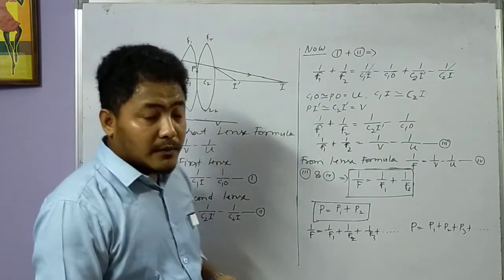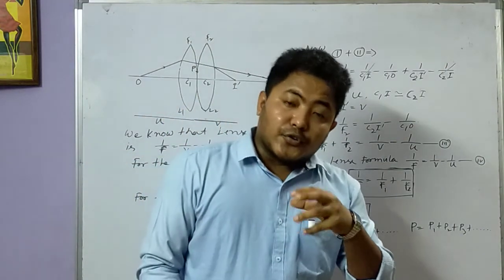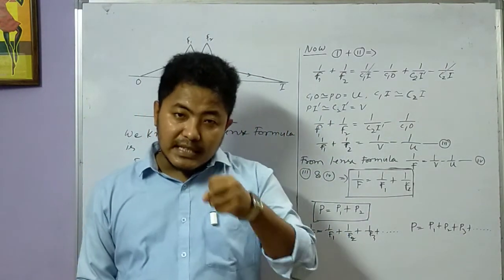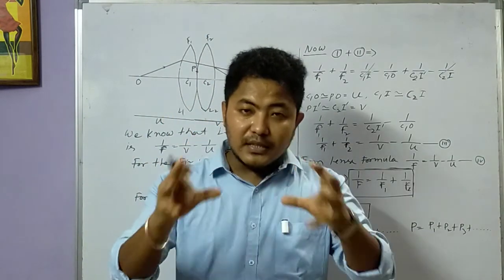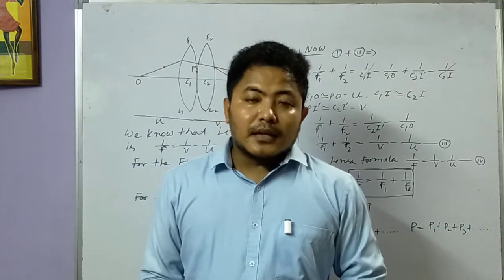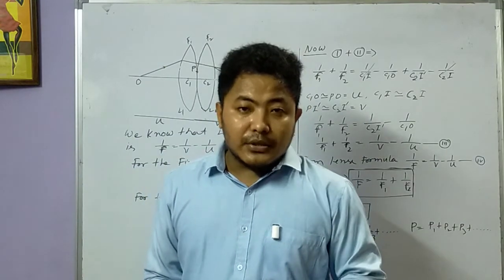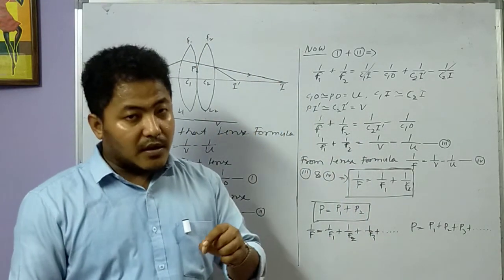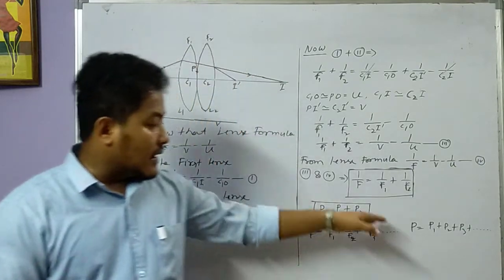This is all about the concept of thin lenses in contact. If you combine any thin lenses in contact, we can find their equivalent focal length and equivalent power like that.